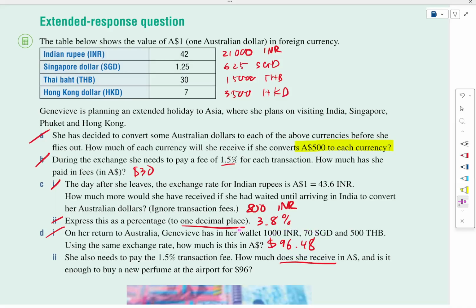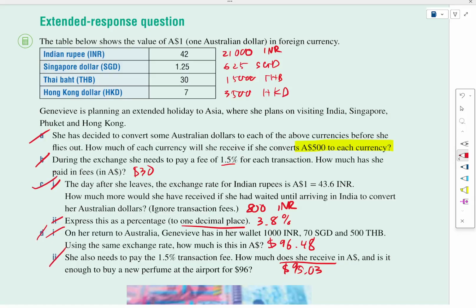So basically you find 1.5% of that amount and take away. So they charge her the 4.5% of the amount of the transaction. She receives $95.03. Yes. Is it enough to buy the perfume? No, it's not enough. Yep, that's it. Good.